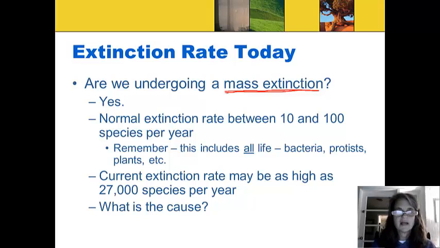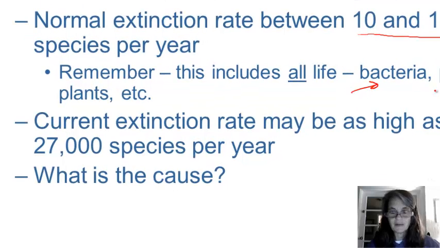Looks like it's us. In a non-mass extinction time period, as we can tell by the fossil record, the normal extinction rate is between 10 and 100 species per year. And that's of all life forms, tiny little bacteria, protists, plants, whatever. Our current extinction rate may be as high as 27,000 species per year.